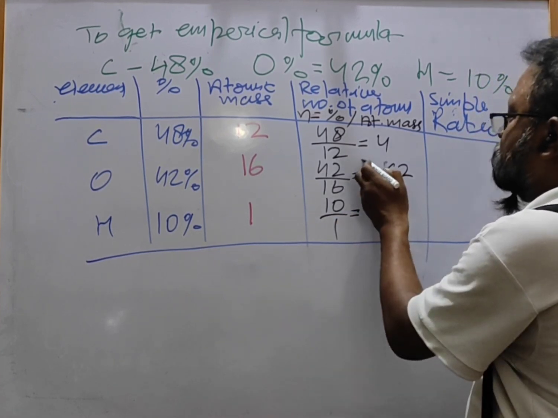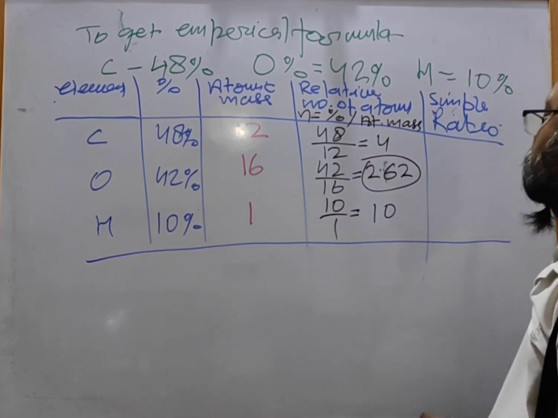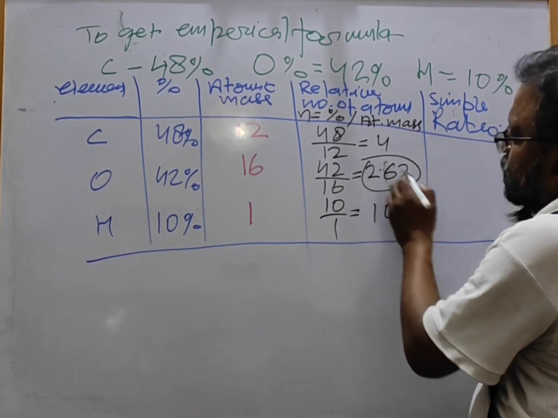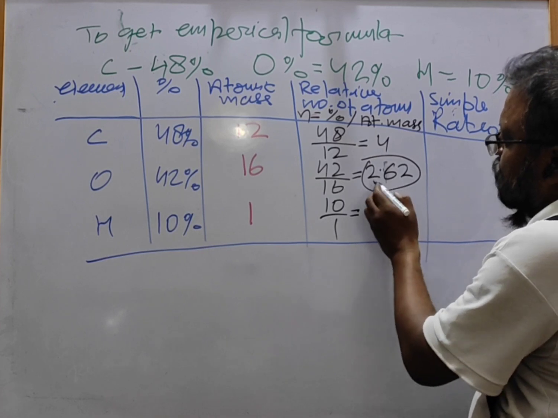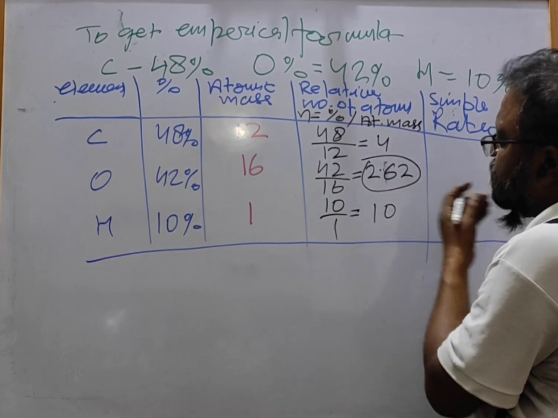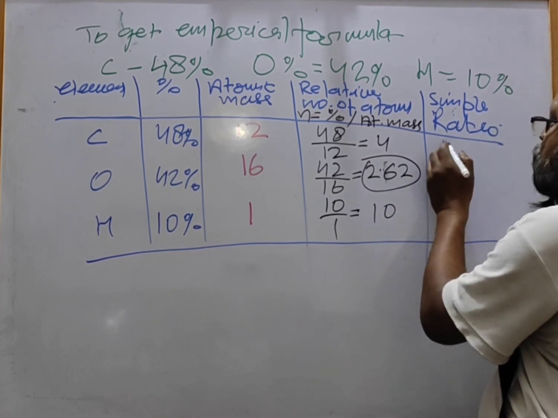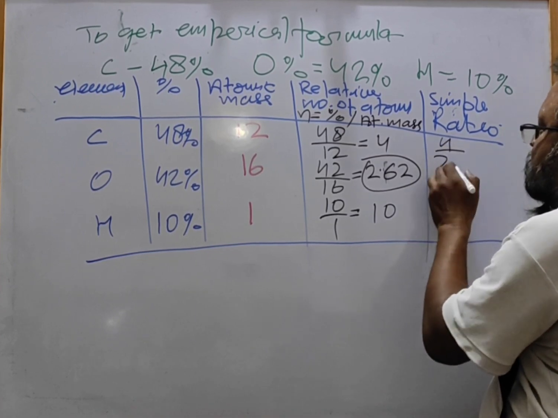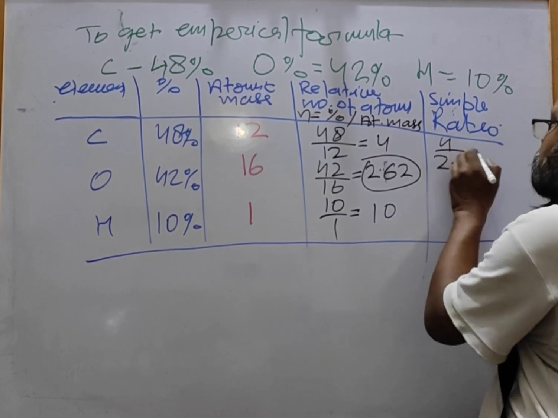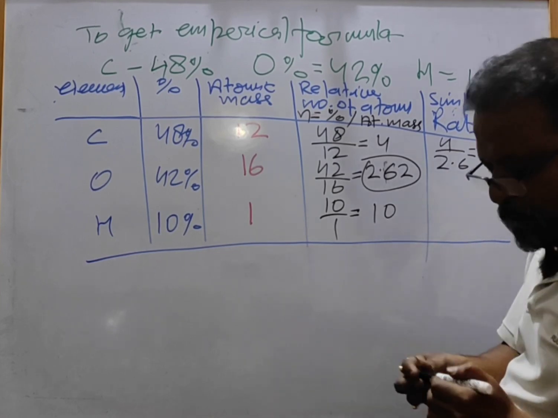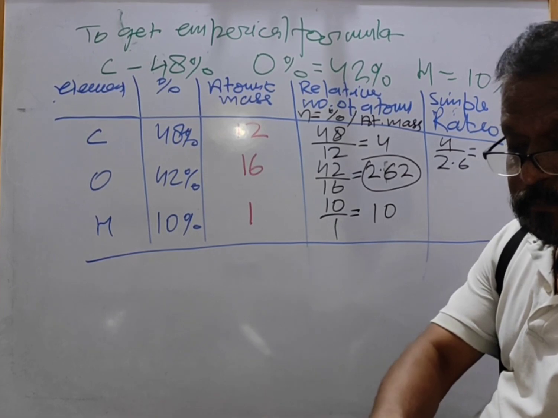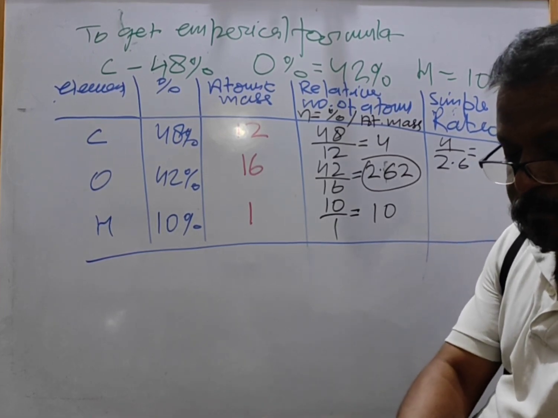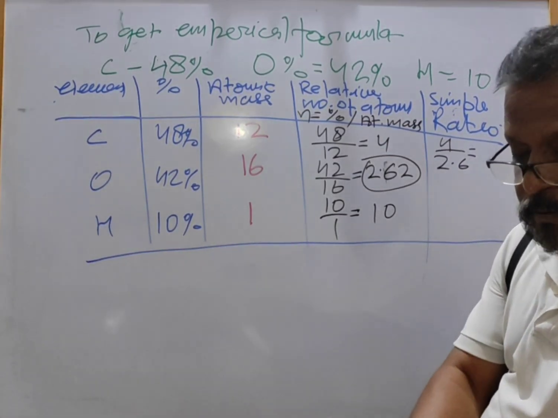So what is the smallest? It is approximately 2.6. So 4 divided by 2.6, how much do you get?